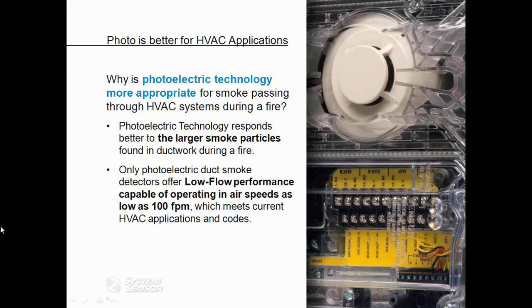Also, photoelectric technology duct smoke detectors are the only option for use in low-flow applications. Typically, ionization detectors can only be used at air speeds as low as 300 feet per minute. So overall, photos can be utilized in a duct housing in a wider range of applications, and they can be installed in air speeds as low as 100 feet per minute, which meets the current code requirements.